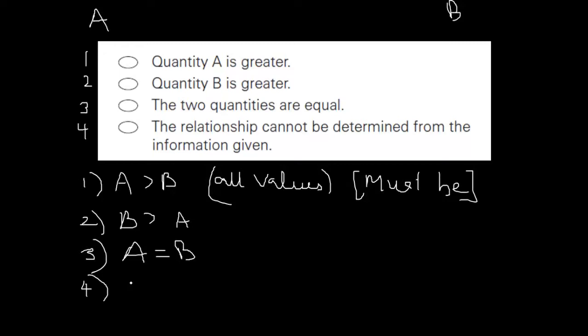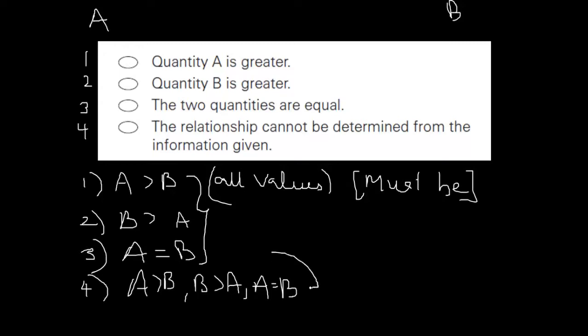It says that either A is greater than B for some values, or B is greater than A for some values, or A is equal to B for some values. That means a clear relationship cannot be determined. Any two of these or all three of these satisfy the values. That is the actual meaning of all the options in the quantitative comparison for the GRE. I suppose you'll be able to understand it in a better way.